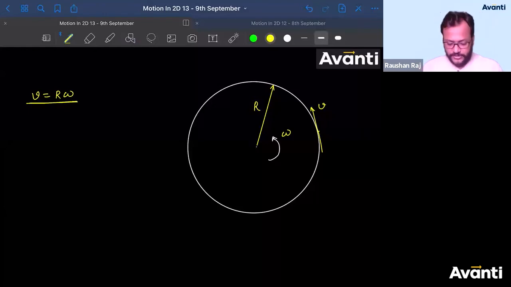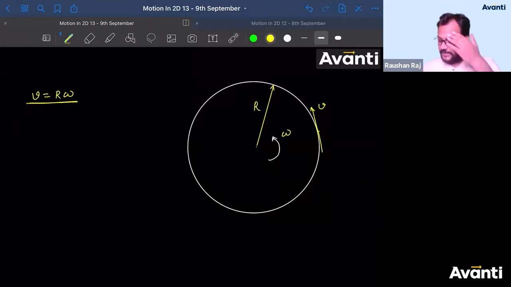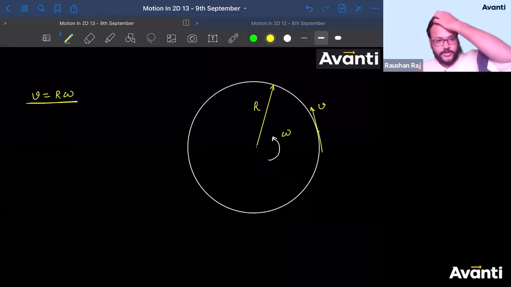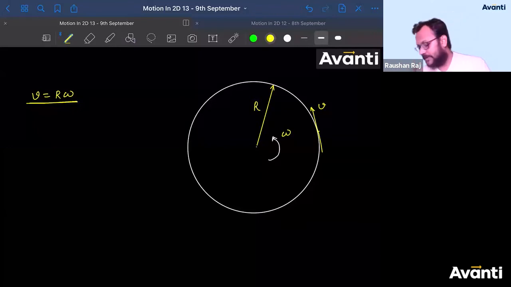Guys, I am going to give you a basic formula or basic relation between vector V and vector omega, and then we'll try to verify whether the relation that I have given is correct or not. Look carefully. That is for a very simple application.